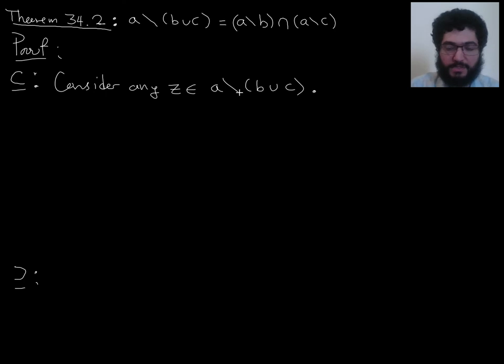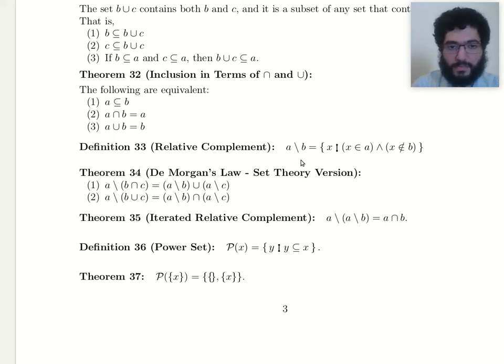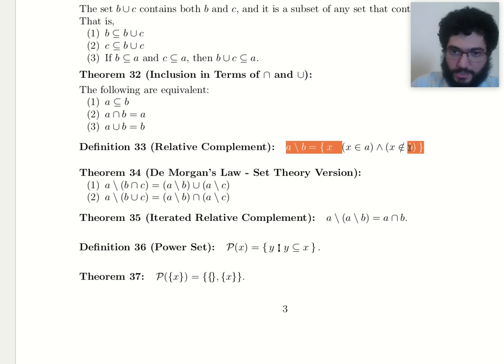So for that, I need to use the definition of relative complement. For z to be in there is for z to be in here and not in here. So I'm using definition 33 here and axiom 5. To be in a relative complement is to have this condition hold for you.